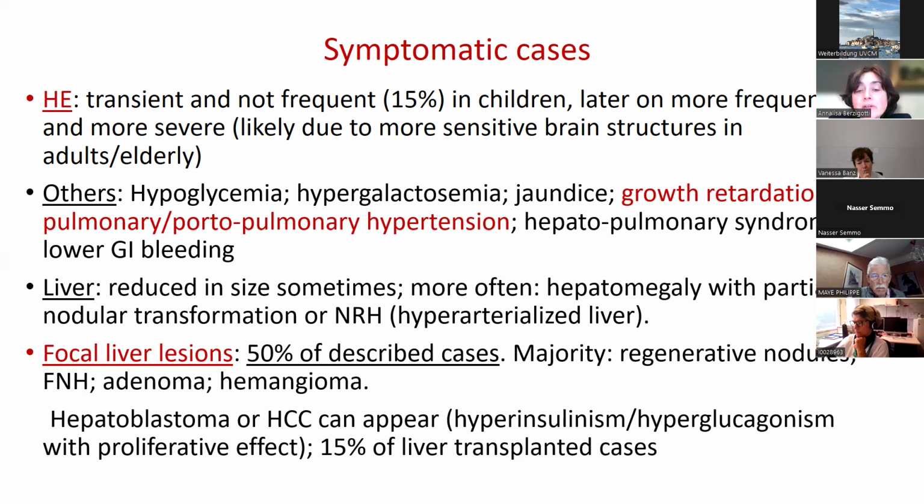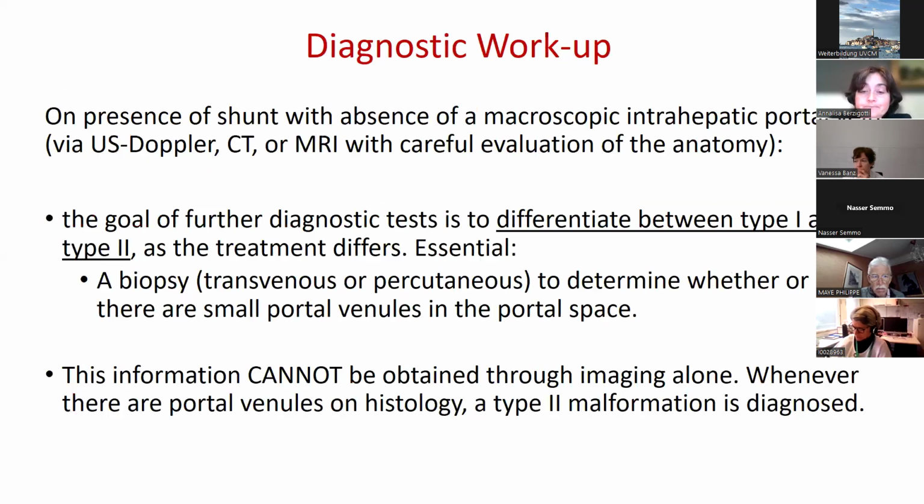And what we can very, very often see are focal liver lesions. The majority of them are benign, but some of them are not benign, and we will see that there is some risk of hepatocellular carcinoma with beta-catenin mutation in male subjects in particular.